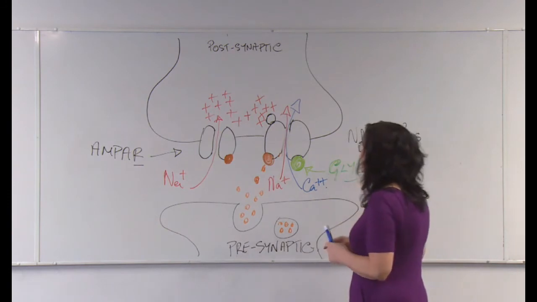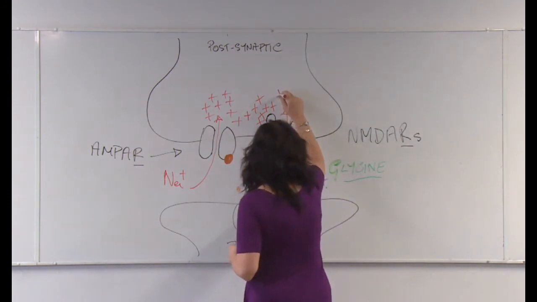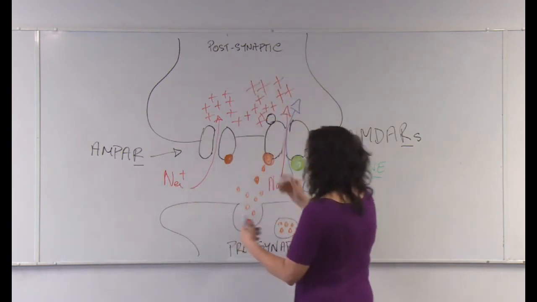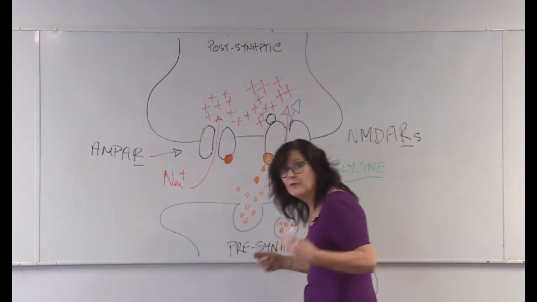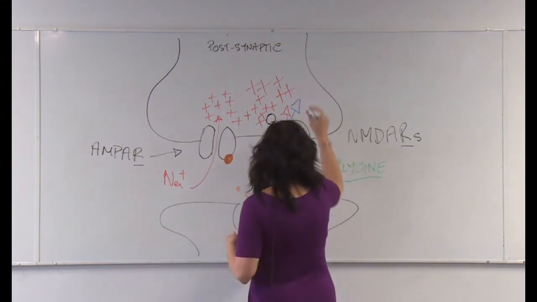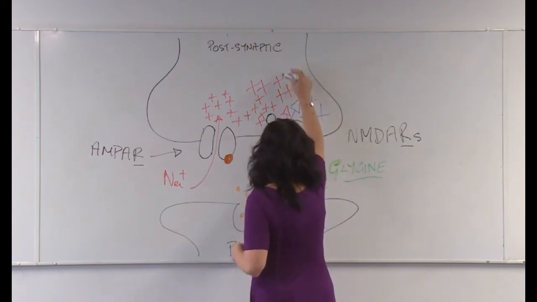So you can imagine, of course, we've got sodium going in, which adds to the strength of transmission across this synapse. But we've also got calcium going in, which is a double cation, so even more positive as well.